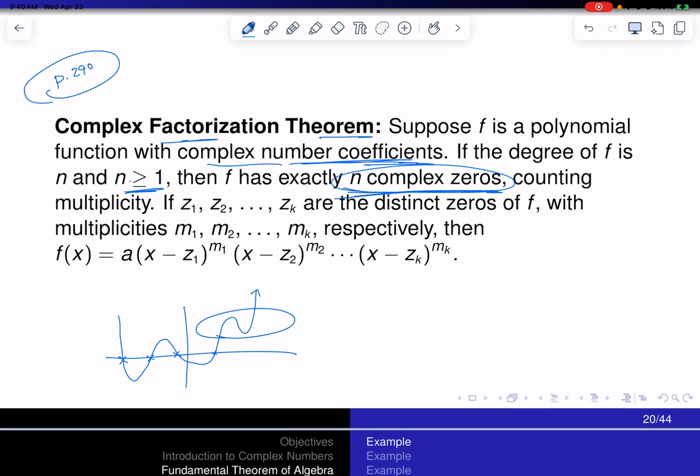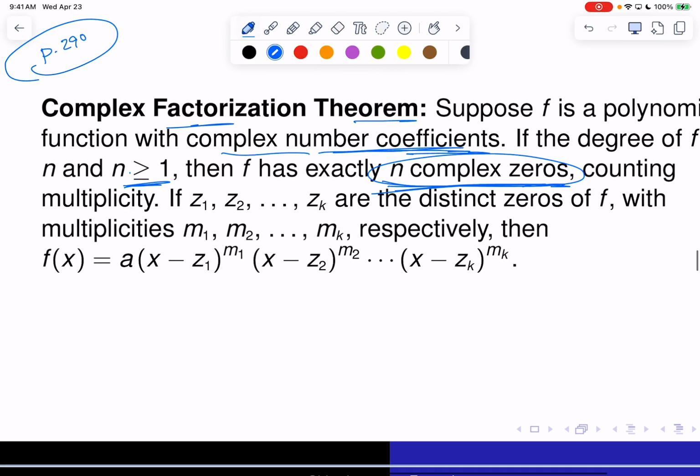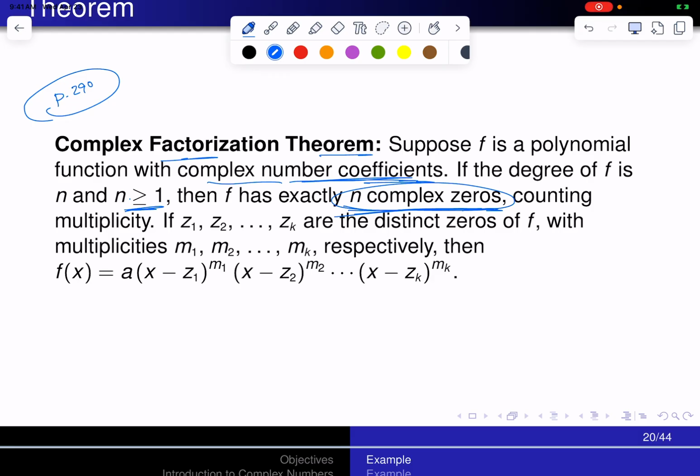Now, if you do have those distinct zeros, and I know this gets really technical, really heady. If you have z1, a second zero, all the way up to however many zeros you're allowed according to the degree, these are the distinct zeros of f with multiplicities 1, 2, up to k, respectively.